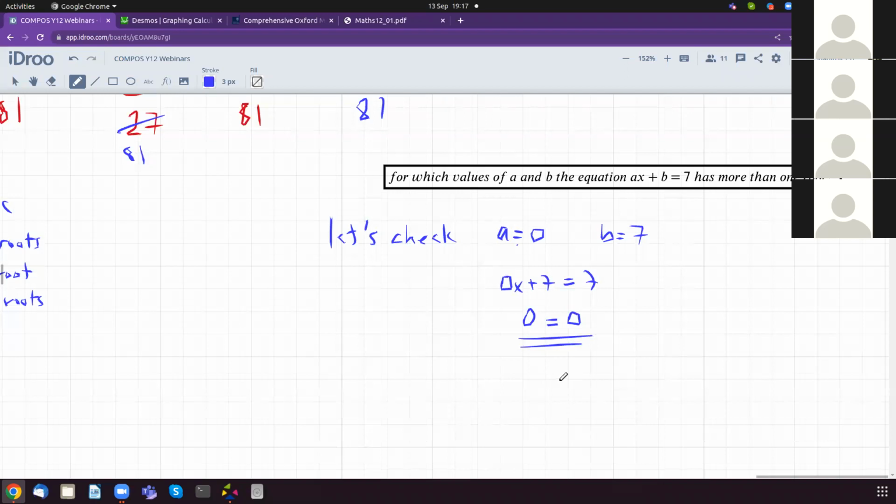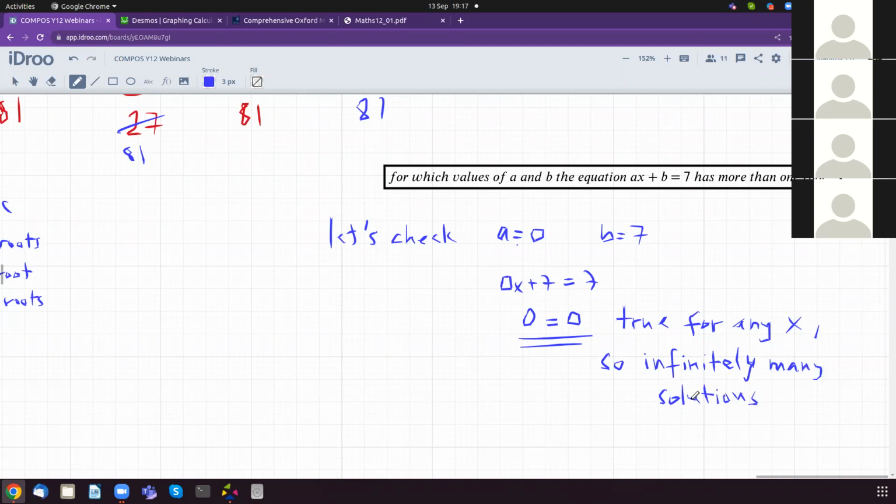Any x is a solution, true for any x. So not one, but infinitely many roots.